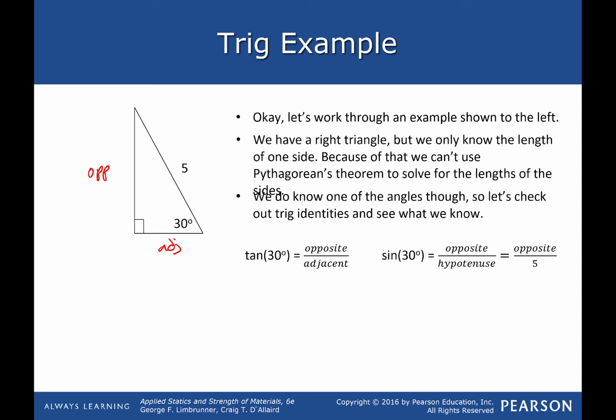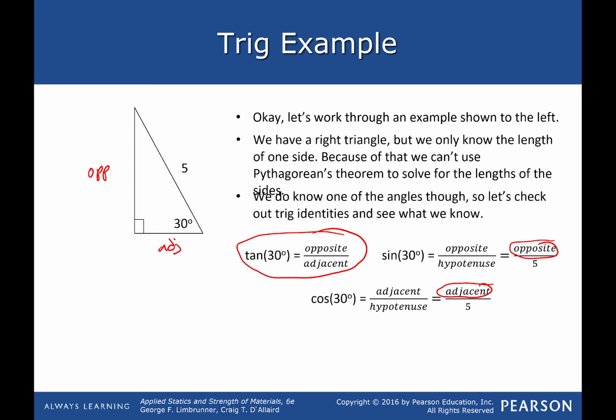Sine would be opposite over hypotenuse. And cosine would be adjacent over hypotenuse. And what you realize if you look at this is, well, this one I don't have enough information. I'm missing too much stuff to solve anything. But for the other two, I only have one unknown, the adjacent or the opposite side. So if I plug that in my calculator, I can actually use my trig identities to solve for the sides of the triangle. So let's go ahead and do that.